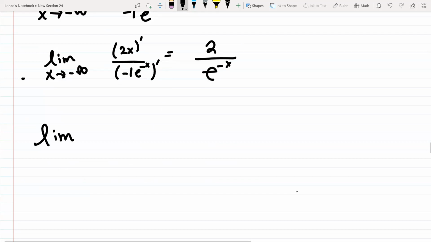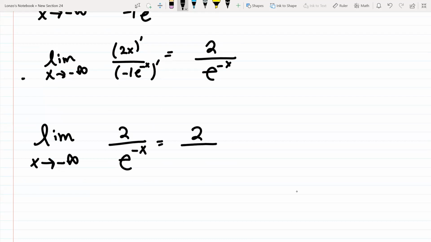The limit as x approaches negative infinity of 2 over e to the negative x. That's going to be 2 over e to the minus negative infinity. So 2 negatives becomes a positive. So it's really 2 over e to the infinity, or e to a very large number, which is positive infinity. And 2 over a very large number is going to be 0.